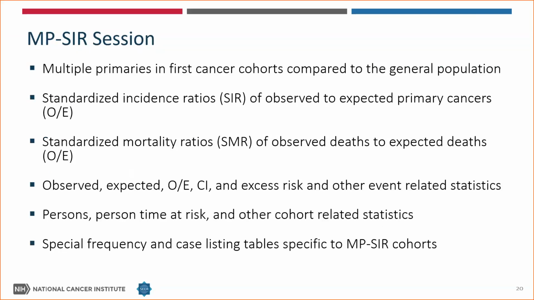Typically, you look at a cohort of patients whose first primary is something, you follow them through time, and you see how their experience of subsequent cancers compares to the experience in the general population of getting cancer. So do patients that had this type of cancer have an elevated or reduced risk in the future of getting cancer compared to the general population of getting that type of cancer?